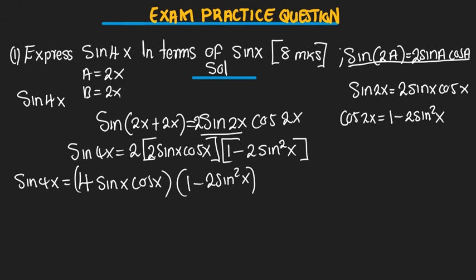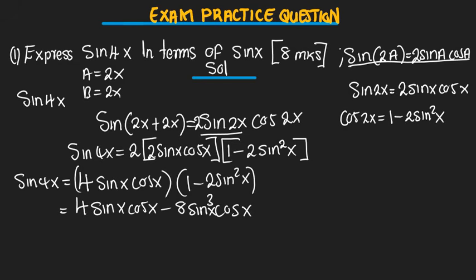So what is 1 multiplied by this? Then we're going to have 4 sine x cosine x. 1 multiplied by the other end, it's going to be minus 8 sine cubed x cosine x, like that.